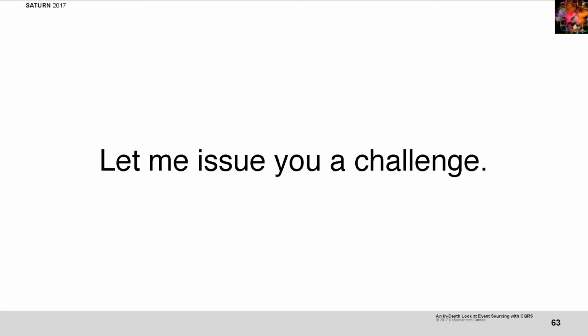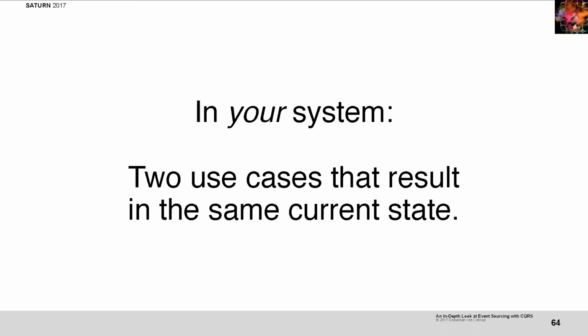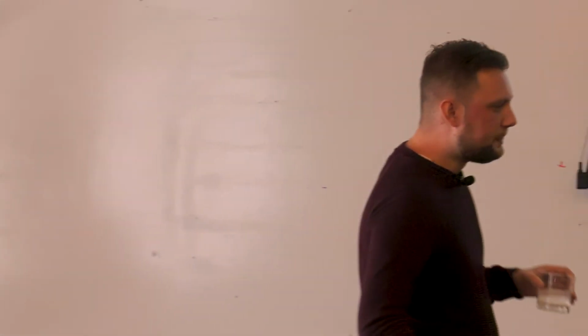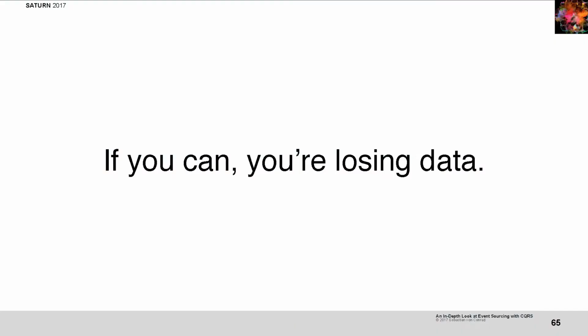So let me give you a challenge and say, can you think of something similar to this in your application, in your system, where you have 2 completely separate things, or 2 different things that can happen that would result in the same current state? It's more a rhetorical question. If you can, then you are losing data.